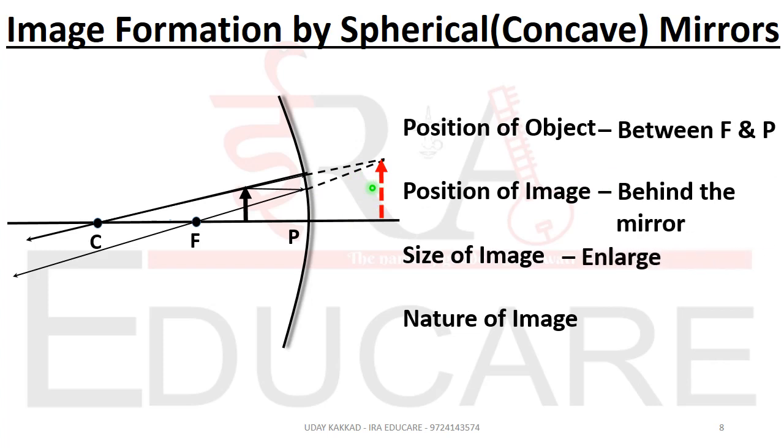And the nature of the image, now you are going to see that it is virtual because it is on the right side of the mirror, or behind the mirror, or inside the mirror, as well as erect, meaning this is on the upper side of the principal axis. Till now, all the images were below the principal axis, but this is on the upper side or top of the principal axis, so that's why it's called erect, right?